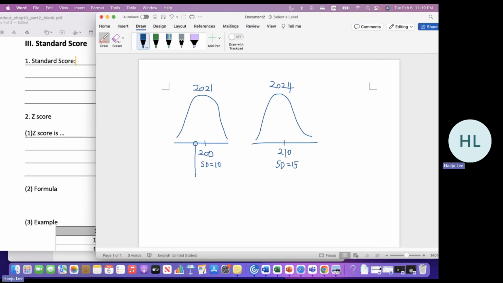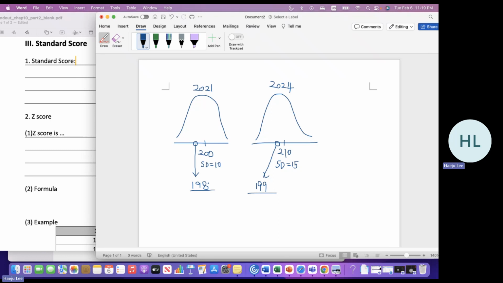And we pick up one score. Even though this score looks like the higher value, we cannot say this score is higher than the other.